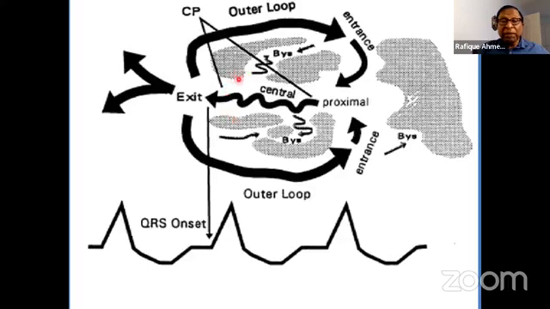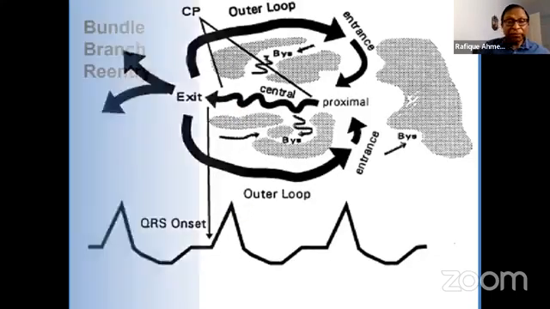And if I can ablate this, if I can block this pathway, then the VT will not happen again. Remember one thing, if I go and block here, what will happen? The electricity can go down this way. That's why during EP and ablation, we have to find the final common pathway for this, and we ablate this area. And that's how we produce this block and prevent the arrhythmia from happening.